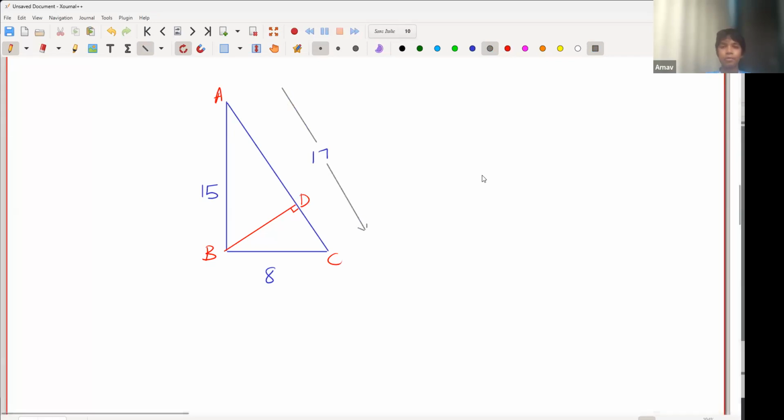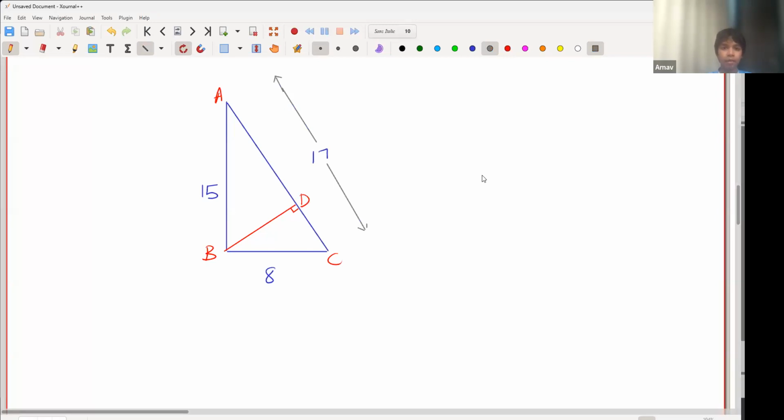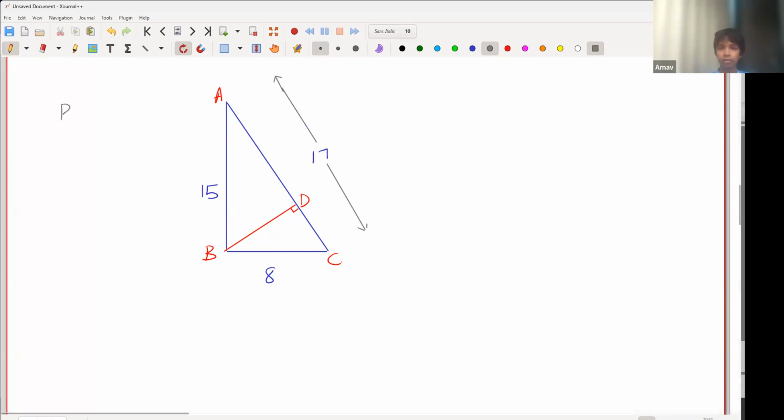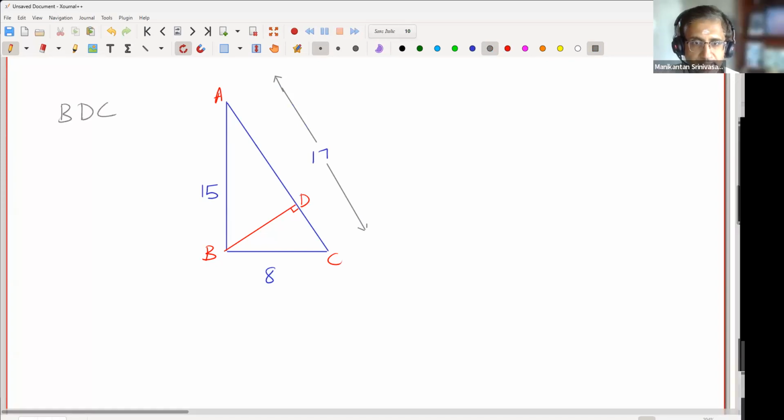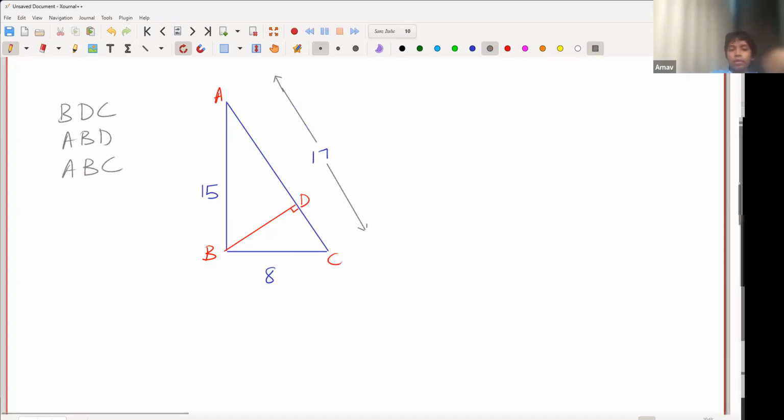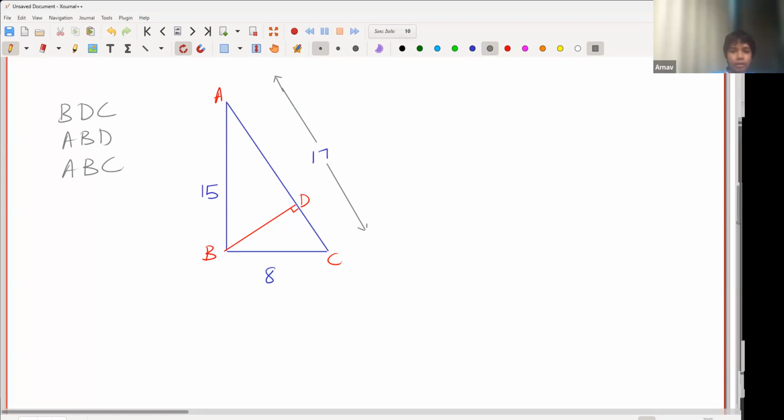So over here, let's take the ratio of the sides. We have three triangles over here: BDC, ABD, and ABC. Now if you take the ratio in BDC of the medium side to the hypotenuse, because the hypotenuse is the longest side.